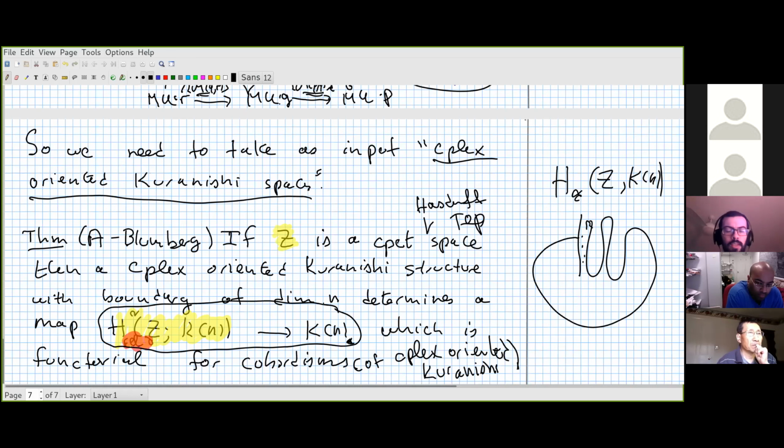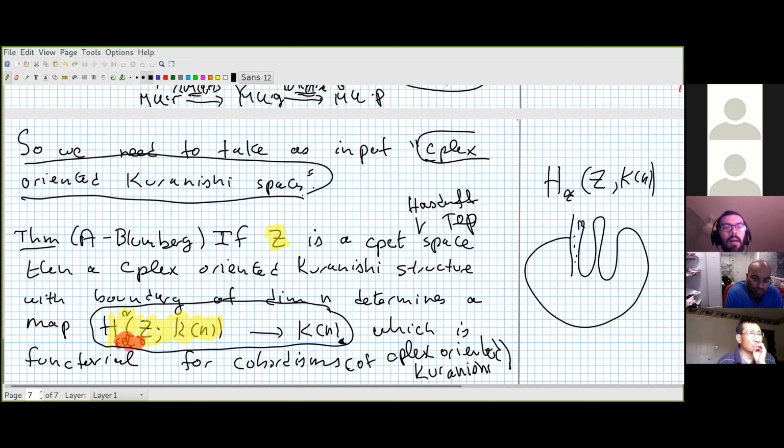So I want to say two things. First thing I want to say is, what should you imagine when I say complex-oriented Kuranishi space? Okay, and when we wrote that part of the paper, 2 or 3 years ago, the only approach we had is a local to global approach.